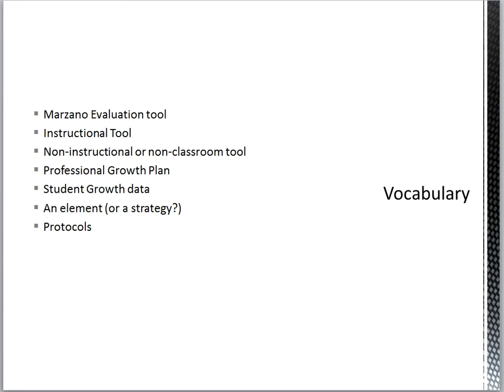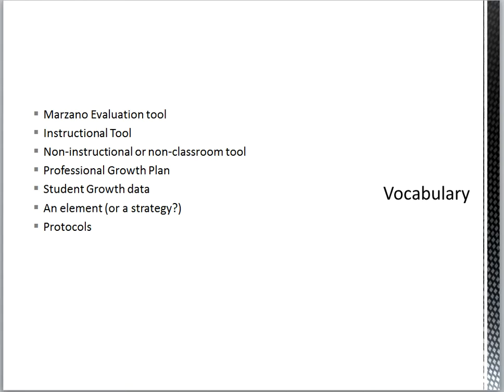That is in iObservation at effectiveeducators.com, and that is considered this year 75% of your evaluation score. The instructional tool is for people who have students rostered to them, and it's a type of evaluation tool. The non-instructional is the other type, so for people who don't have students that they work with directly, they would use that tool.